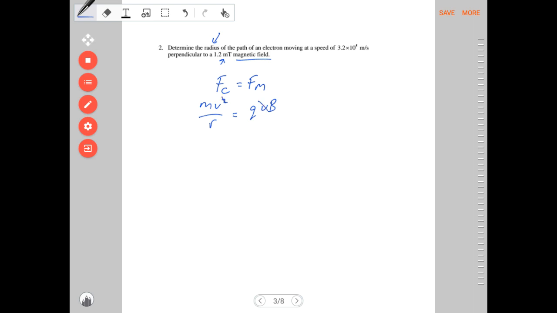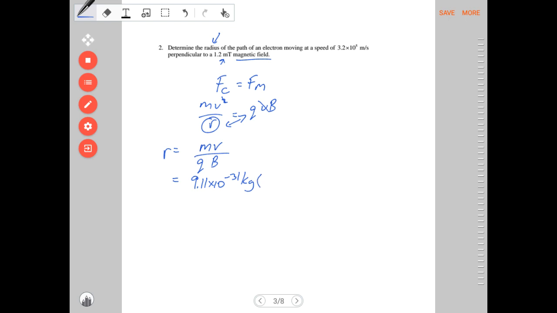Great, and this time I'm looking for the radius. So that's going to go up, and the q and the B are going to go down. So my mv over qB is going to equal my r. Now I'm just going to put the r over here because that's easier for me. So the mass of an electron is 9.11 times 10 to the negative 31 kilograms.